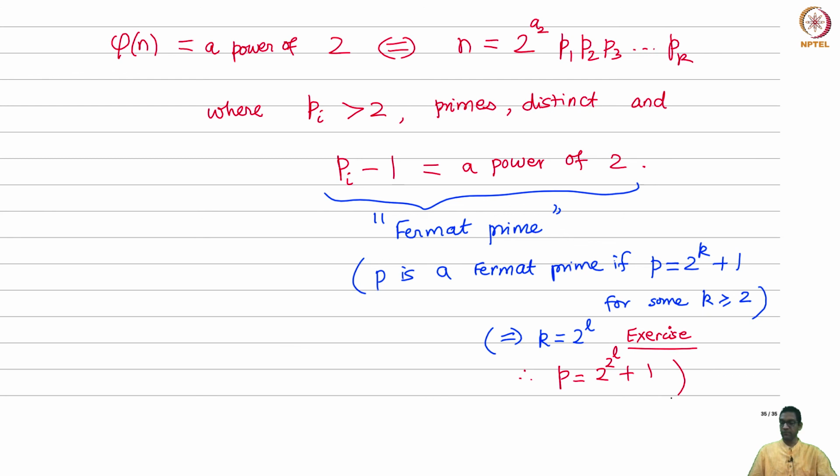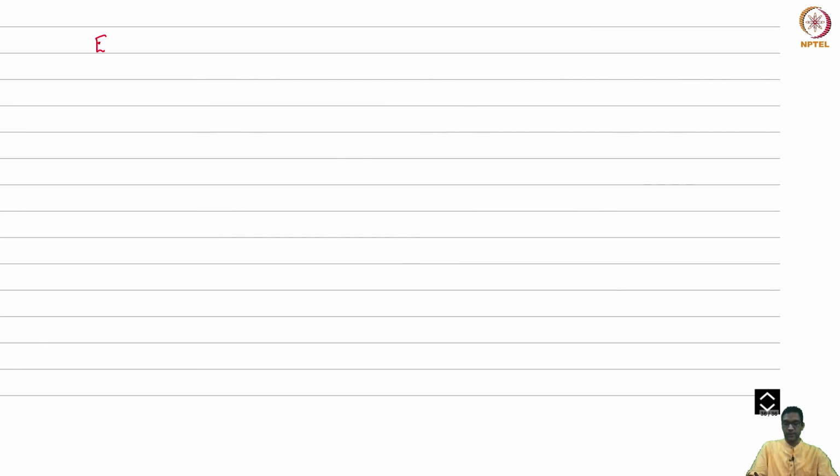So what we have finally shown is this very classic result. To conclude, what did we say? We said that the regular n-gon is constructible.